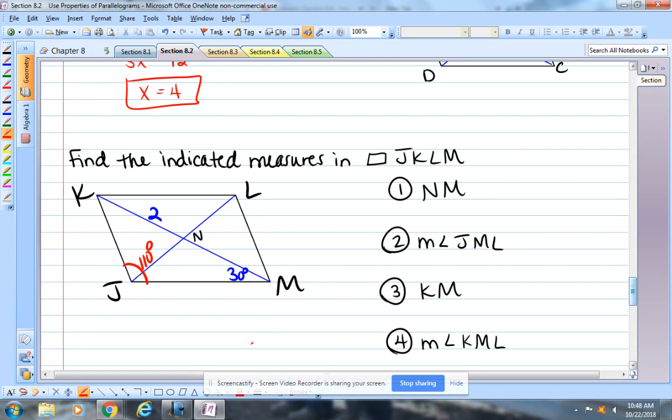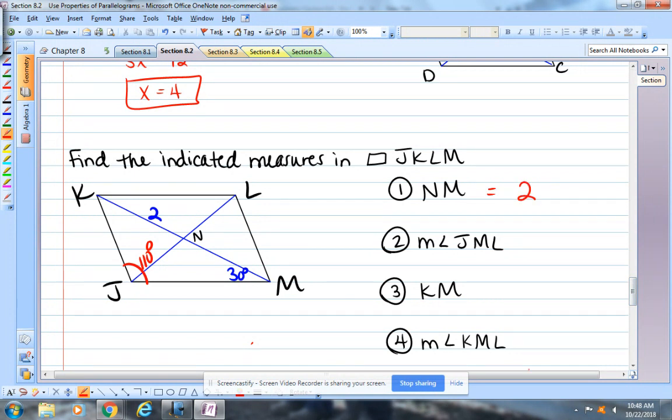So it wants us to first find the length of segment NM. It has some diagonals that are bisecting, and they all intersect at point N right there. So what do you think NM is going to equal? It's going to equal 2 because it's going to be congruent to KN because it's a bisector. Right? The diagonals bisect each other. So NM will also be 2. Very good.